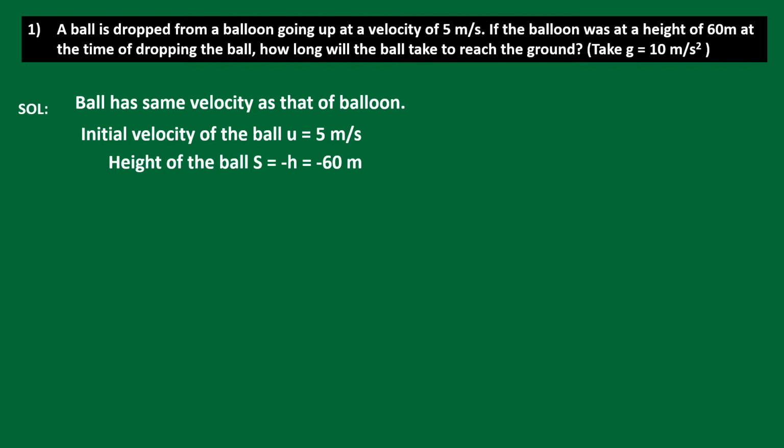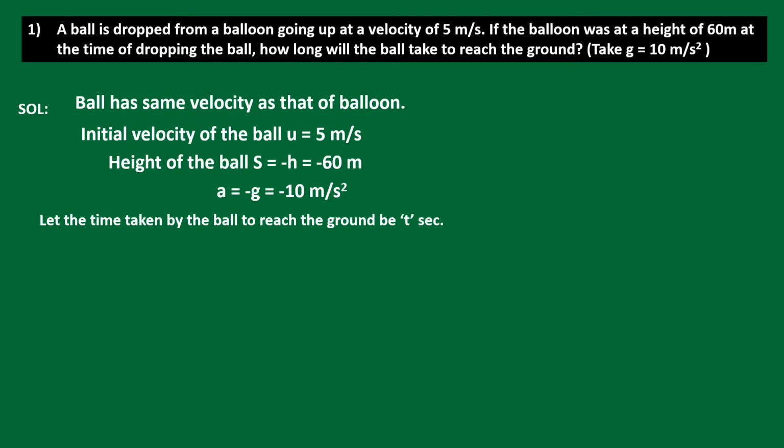As per the sign convention rule, height is measured below the reference line, that's why it is taken as negative. So minus h is equal to minus 60 meters. Now a is equal to minus g, that is equal to minus 10 meters per second square. As we know, acceleration due to gravity acts in downward direction, that's why it is taken as minus 10 meters per second square. Now let the time taken by the ball to reach the ground be t seconds.